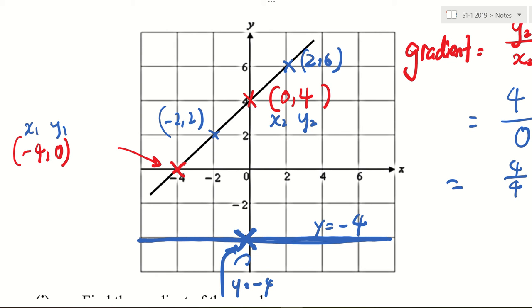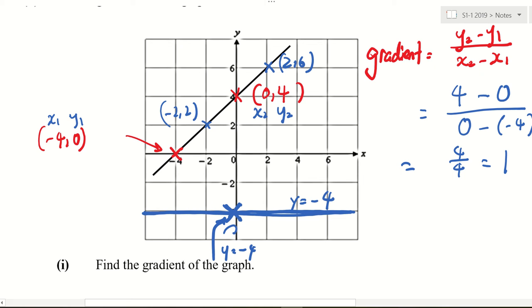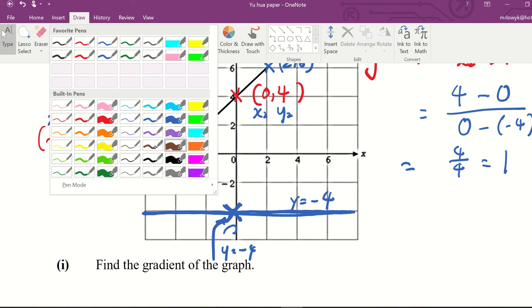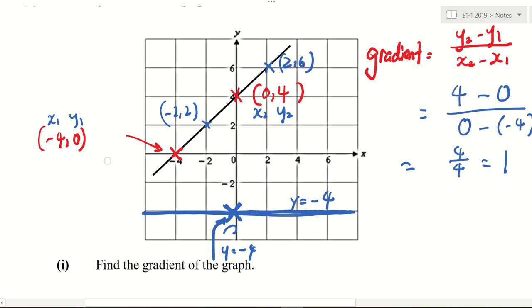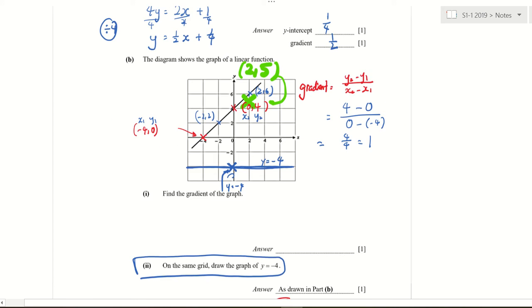So this is your 2, 5. Right. So let's write the answer.